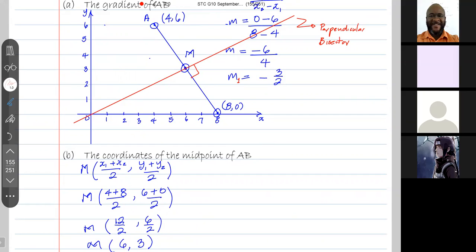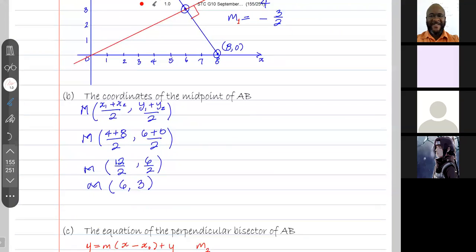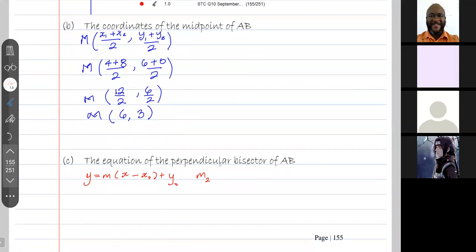Very good, Anaya. Because the two lines are perpendicular to each other, if I know the gradient of one, M1 is minus 3/2. To find M2, I must invert the gradient and change its sign. If I invert this, it becomes 2/3. And if I change the sign, it becomes positive. So the gradient of the perpendicular bisector is 2/3.